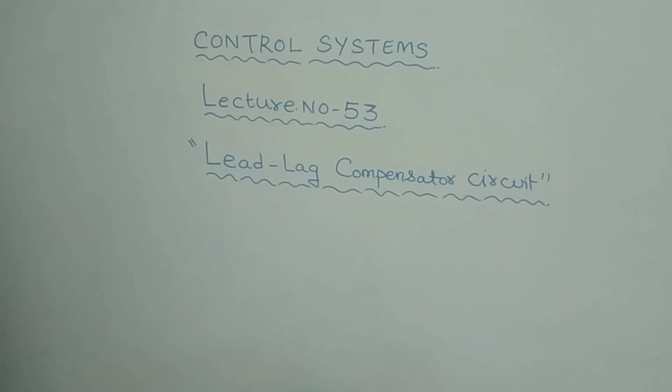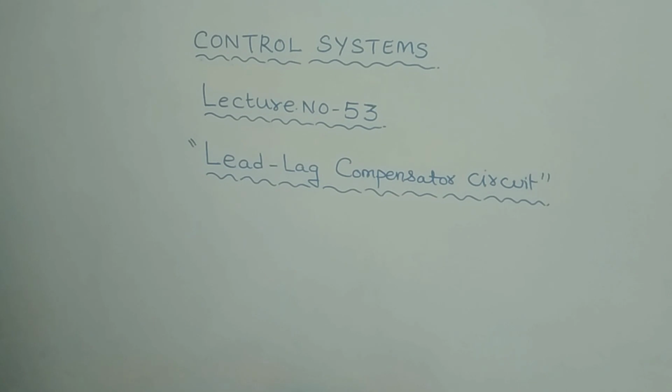This is lecture number 53 from our control system subject, and we are discussing the various compensator circuits. So far we have covered the lead compensator, also called the phase lead compensator circuit, as well as the phase lag compensator circuit.